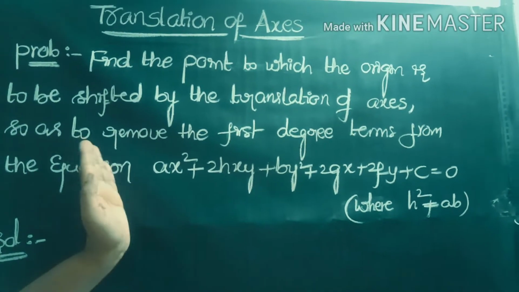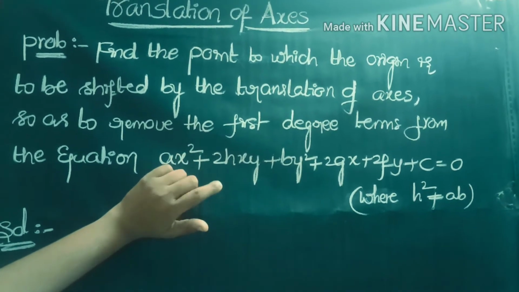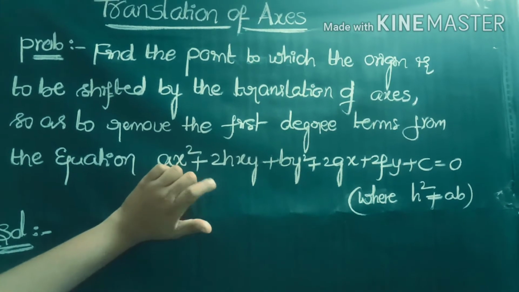What is the condition so as to remove the first degree terms from this equation? Now here one equation is given, and we want to remove the first degree terms from it.